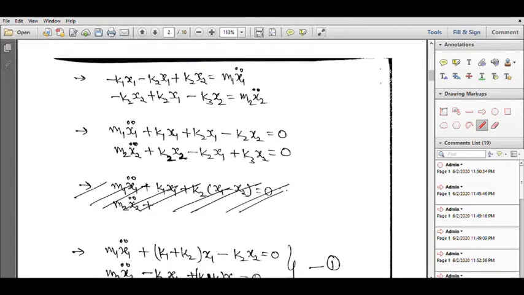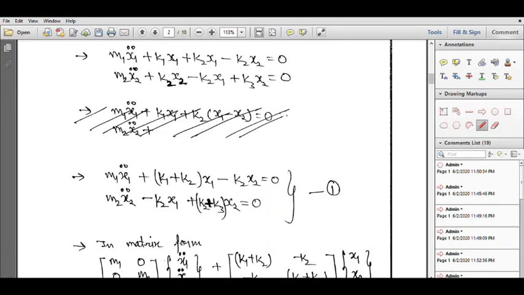After rearranging the terms, I get the equations of motions in the form m1 x1 double dot plus k1 plus k2 into x1 minus k2 into x2 equals 0. And the second equation is m2 into x2 double dot minus k2 into x1 plus k2 plus k3 into x2 equals 0.